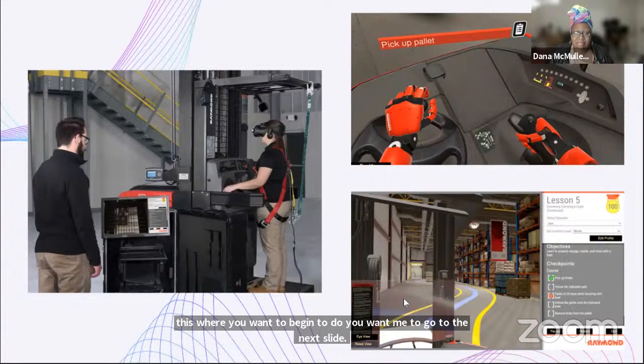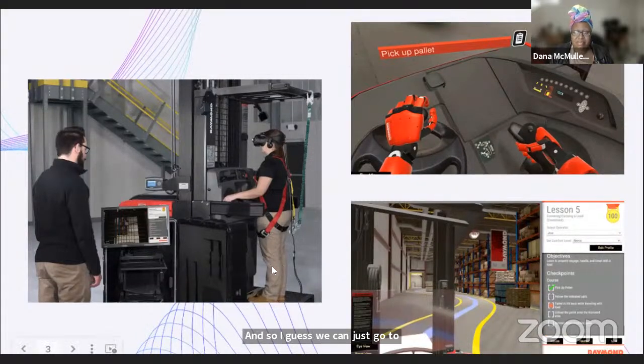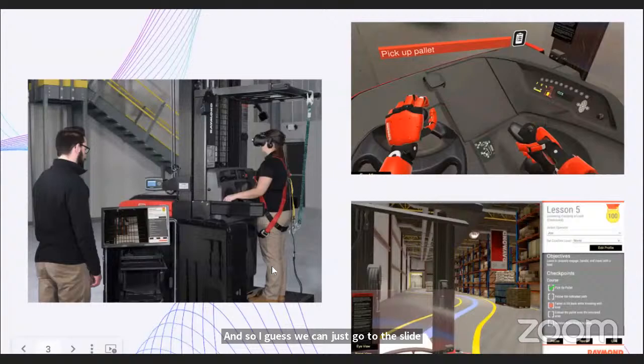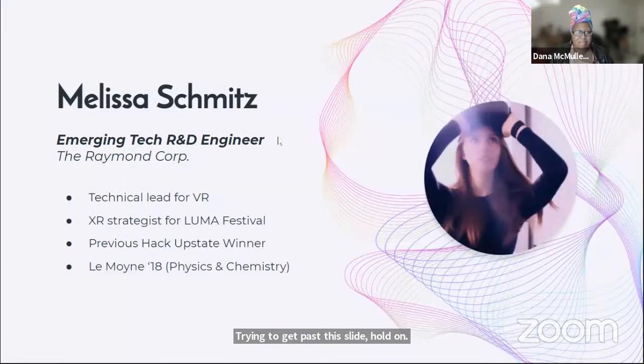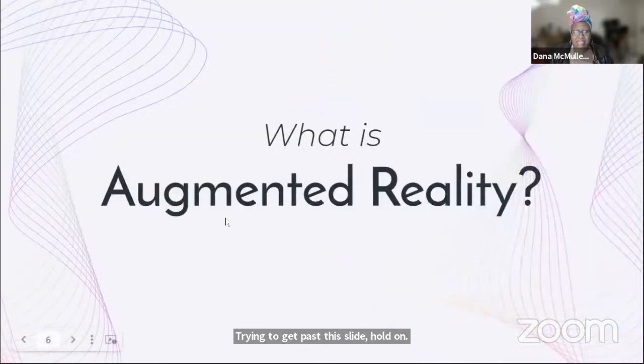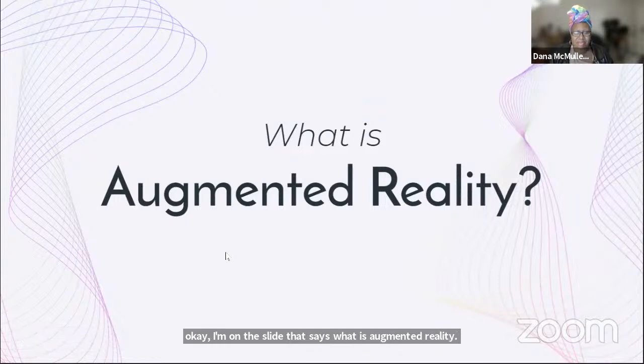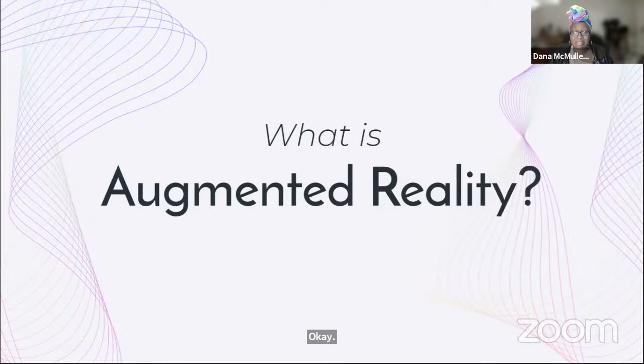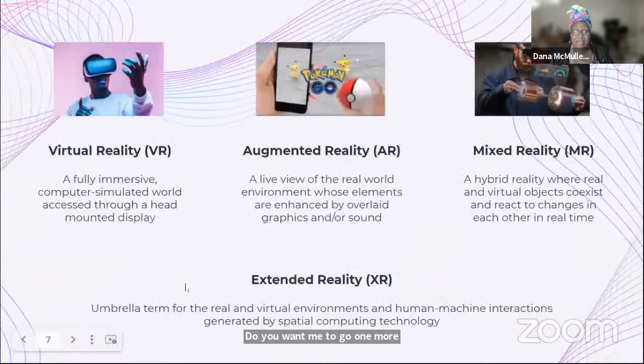I guess we can just go to the slide where, what is augmented reality? I think that's slide 6. I'm not sure where you guys left off, but that part wasn't the major part of the presentation, so it's okay if we skip it. I'm trying to get past this slide. Hold on. Here we go. I'm on the slide that says, what is augmented reality? Do you want me to go one more? Yeah. Okay. There we go.